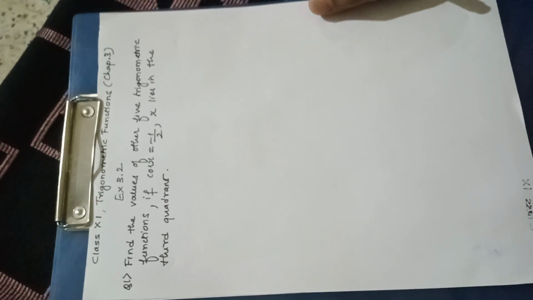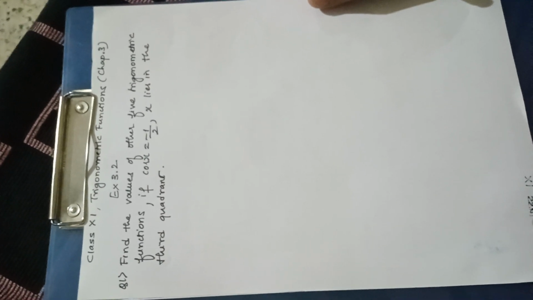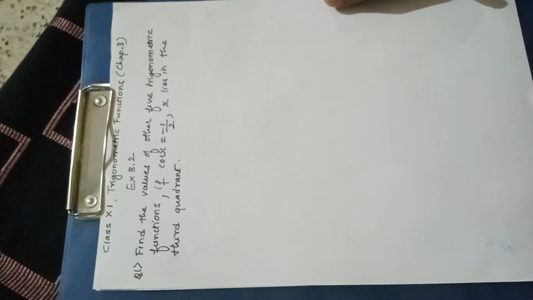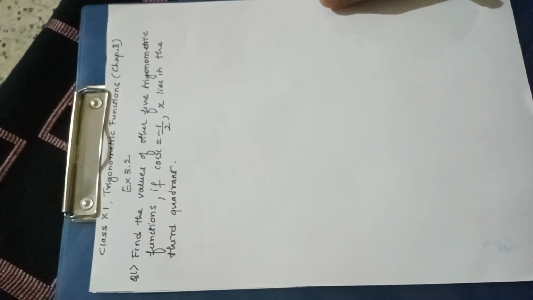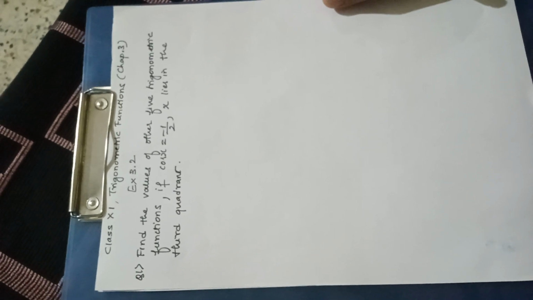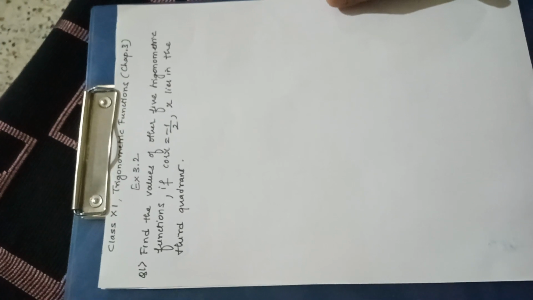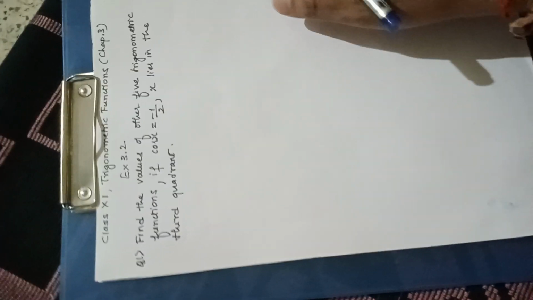There the minimum value of cos theta was 0 and the maximum value was 1, because the values of theta varied from 0 to 90 degrees only. We did not explore the values of trigonometric ratios beyond 90 degrees. But in class 11 we will be able to tell the values of the trigonometric functions or ratios for angles more than 90 degrees as well.